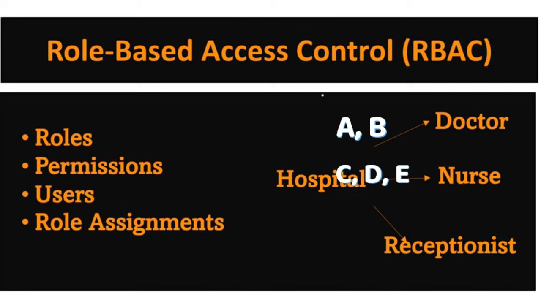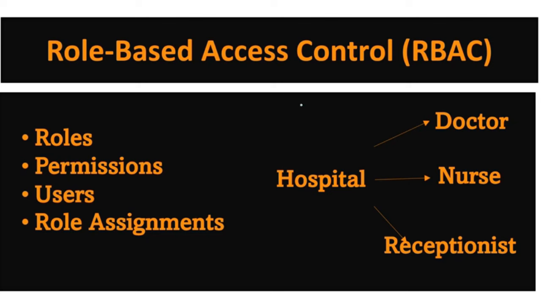Now, when Dr. A logs into the system, they can access and update patient records as allowed by the doctor role, and these nurses can log in to view records but cannot prescribe medications or alter any diagnostic information. And the receptionist F, who is assigned the receptionist role, has access only to scheduling features.